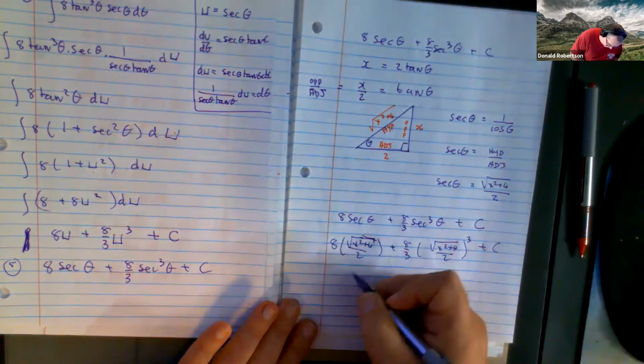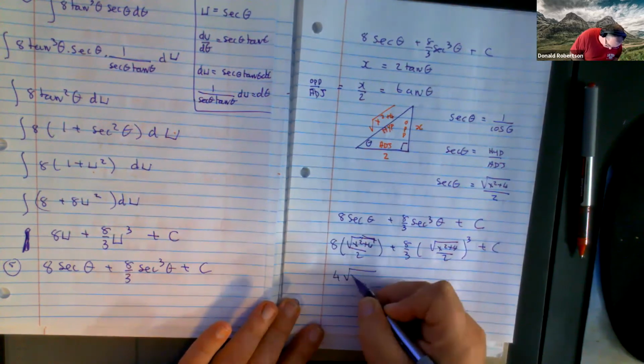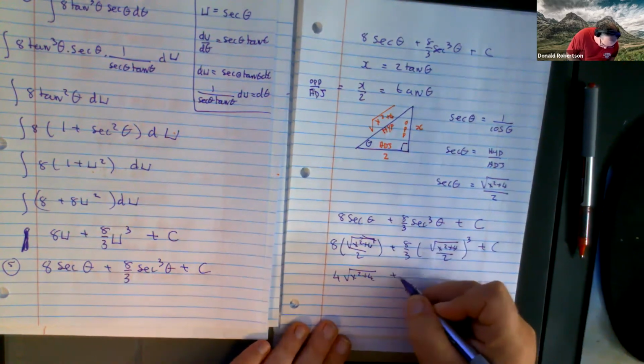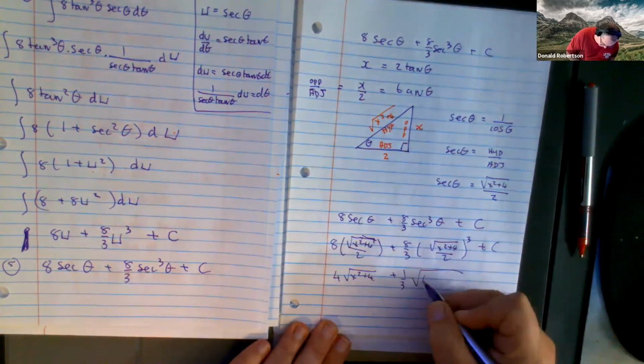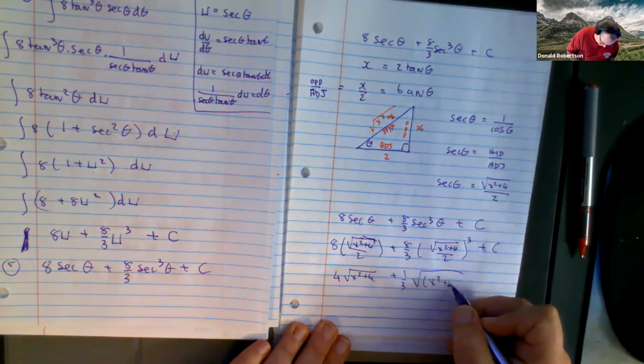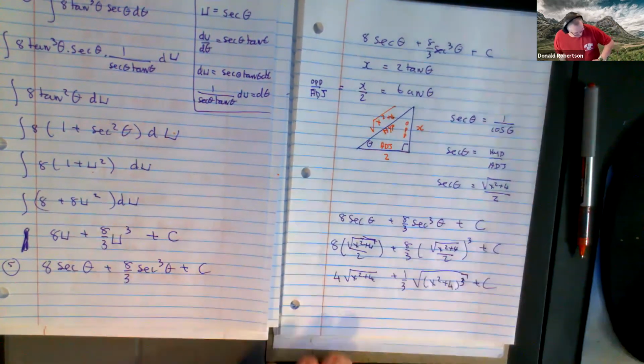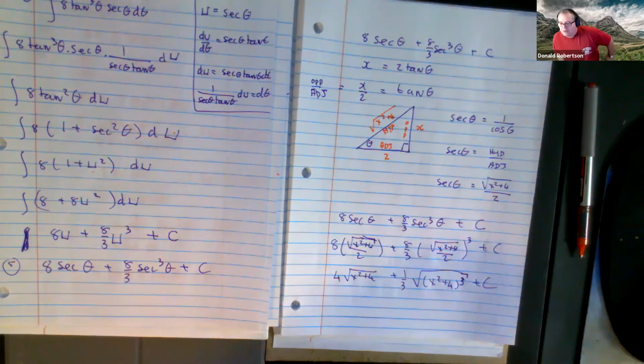That cancels to get me 4 square roots. 2 cubed is 8, so it cancels with that. I get 1/3, kind of deja vu. It looks kind of similar to the other one. It's a cube. And you're finished. I got that down to 15 minutes. Right, a little bit quicker.